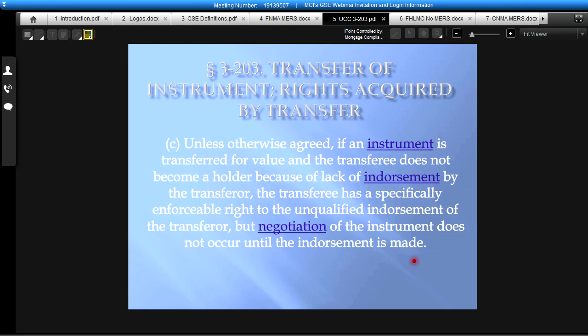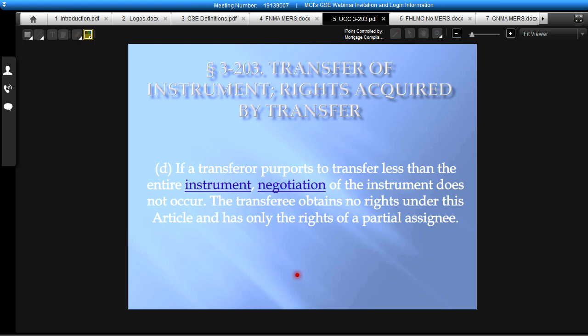3-203D. If a transfer purports to transfer less than the entire instrument, negotiation of the instrument does not occur. The transferee obtains no rights under this article and has only the rights of a partial assignee.